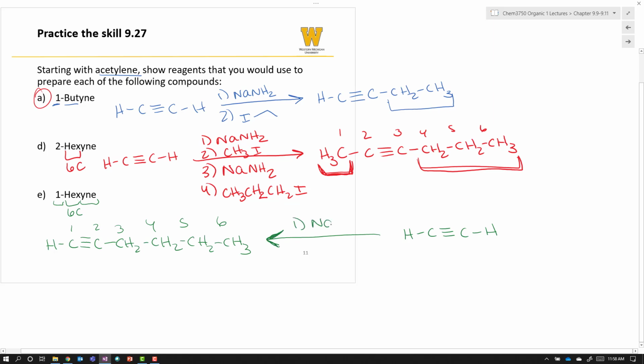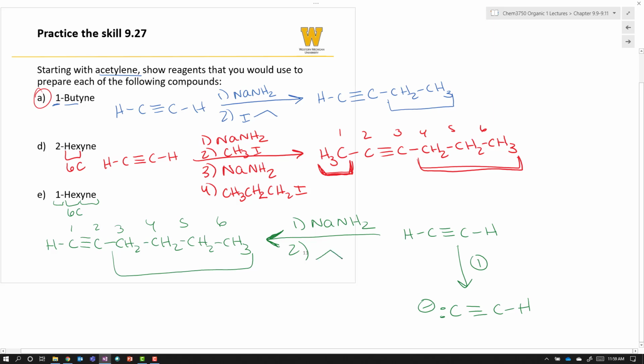We will need to add in sodium amide, so that's step 1, to prepare our alkyne to make an alkynide ion. So I made this. And then we're going to want to add in whatever we need to get 4 carbons on the right side of this molecule, and so that is a butyl group.